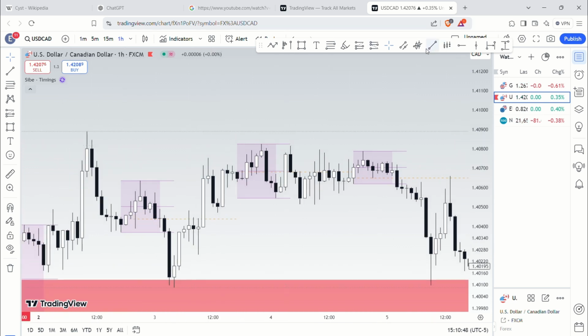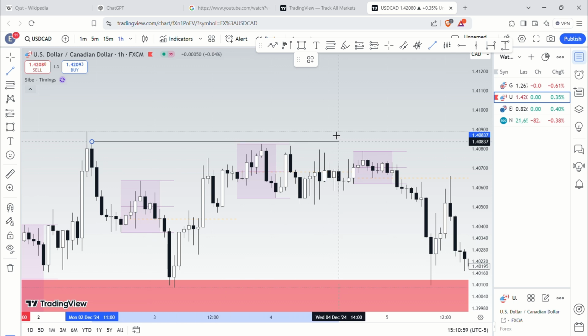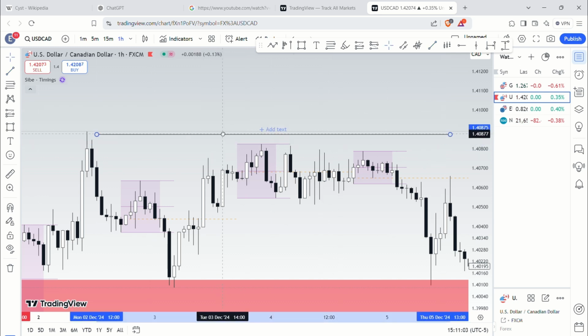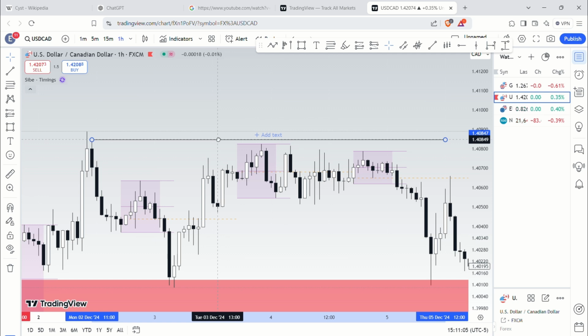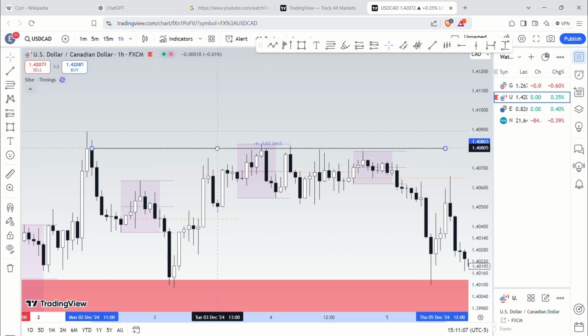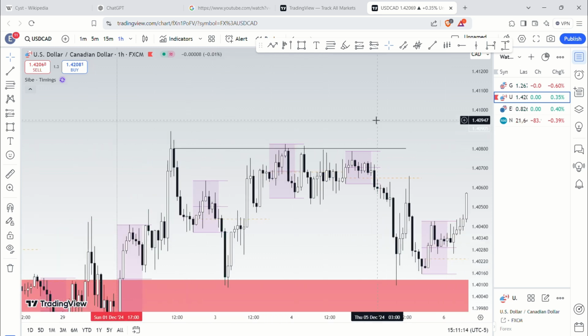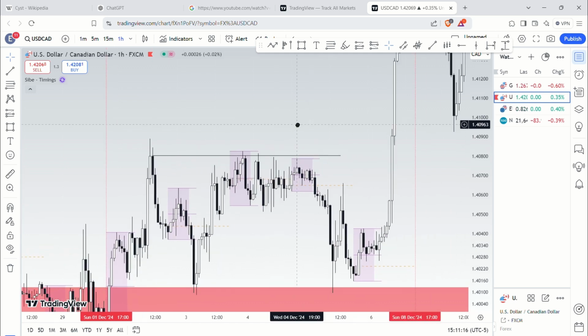So for us to be able to establish the low of the week, in this case, since we're looking for buys, and the low of the week has been formed, what do we do? We come here and then we place a line over the top of this move. We usually use the bodies of the candles, but still we need to see price trade past it. So we use the body of the candle in this sense. So this is the body of this particular candle here.